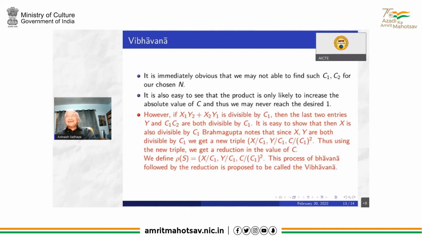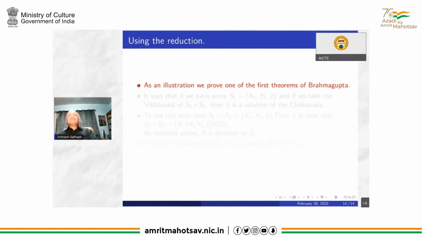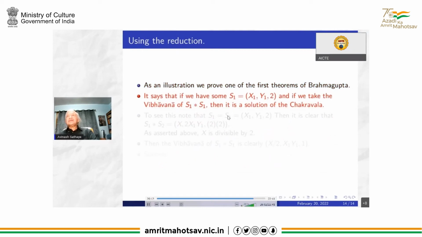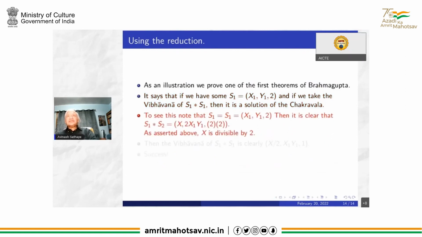This process of bhavana, followed by the reduction process, I propose to call vibhavana. That's a variation of the bhavana. As an illustration, we prove one of the first theorems of Brahmagupta. It says that if we have S1 as x1, y1, 2, and then we take the vibhavana of S1 star S1, then it is a solution of Chakravala. To see this, you just write S1 equal to S1, and each one is x1, y1, 2, and then S1 star S2.